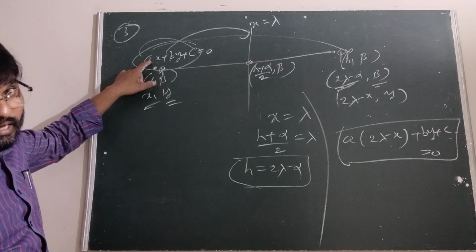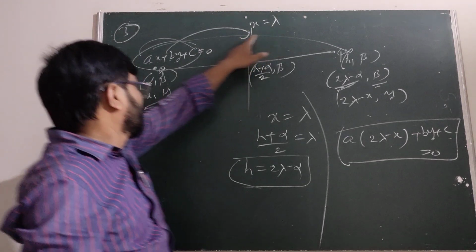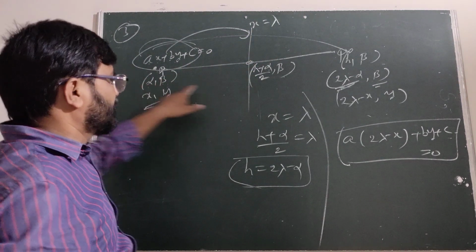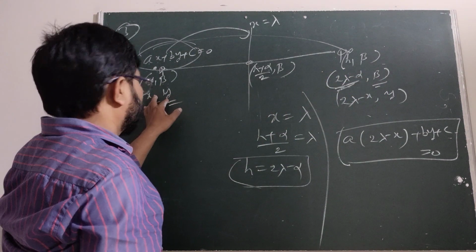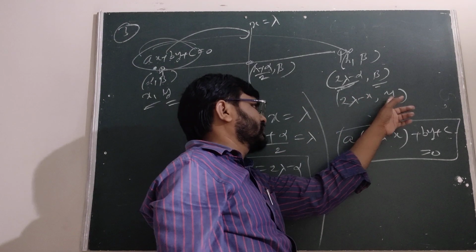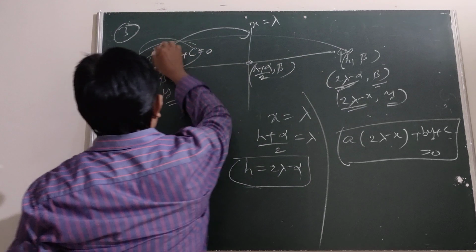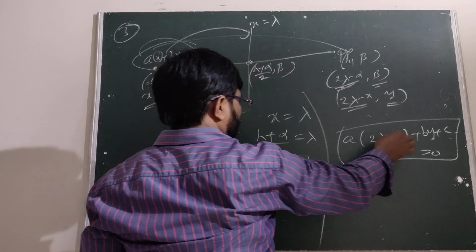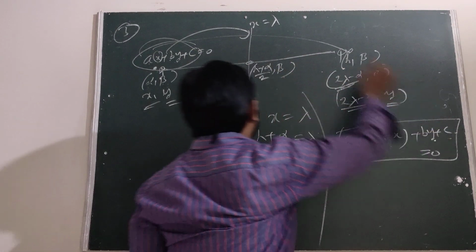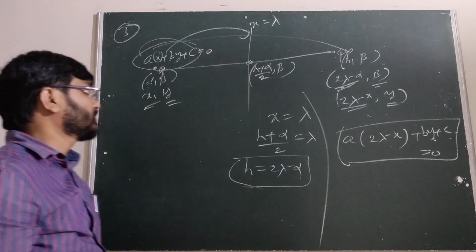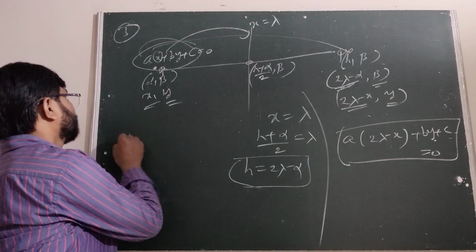The image of ax plus by plus c equal to 0 is a(2 lambda minus x) plus by plus c equal to 0, with respect to the line x equal to lambda.